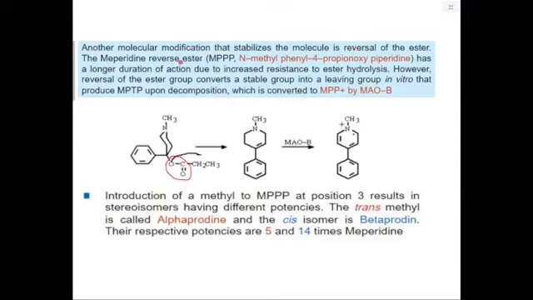The meperidine reverse ester, which we are calling N-methyl-4-phenyl-4-propionoxy piperidine. Remember, this is position 4. We are calling it propionoxy because this is 1, 2, 3, so this will be a propionyl. Remember, whenever you have an acyl group like this, you call it propionyl.